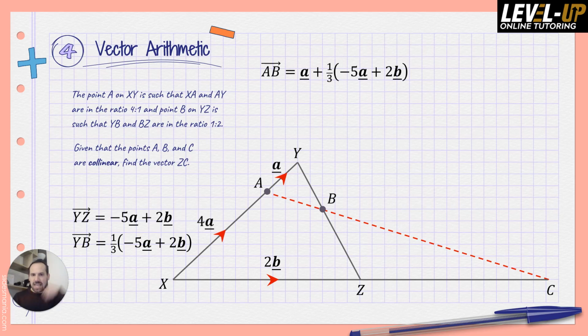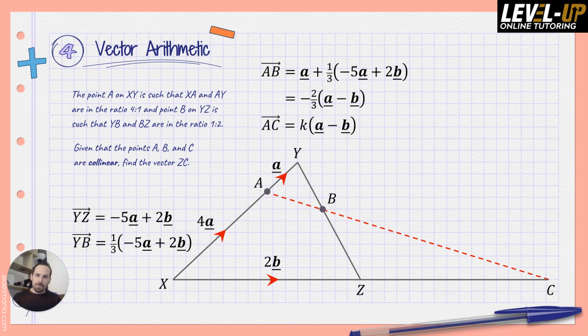So AB we can work out by going from A to Y, which is little a, and then Y to B, which we've just worked out, which is 1/3 of this other vector. Whenever you get something like this, you always want to expand it out, collect together your like terms, maybe even factor out a common scalar, which in this case we get minus 2/3. So A to B is this.